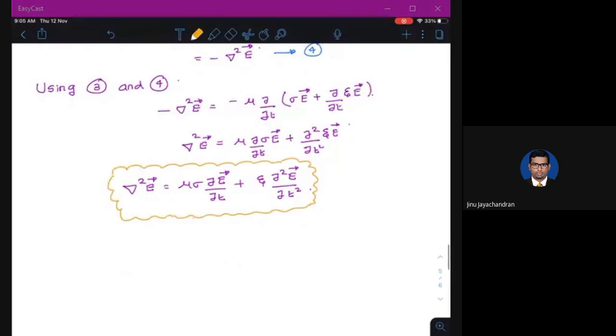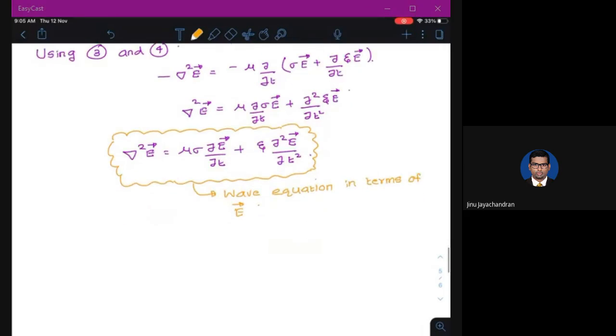So this is the wave equation in terms of the electric field. Okay.